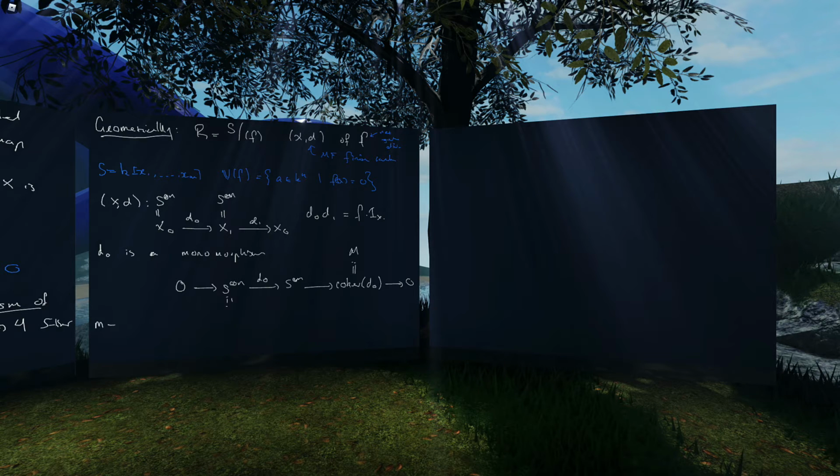So if we take m in M, which is equal to the image of some element s of this thing here in M, then F m is just, because F is an element of the ring, the image of F s. But this differential squares to F, so we can write this as the image of D0 D1 of s, and well, the sequence is exact, so we end up with that being 0.